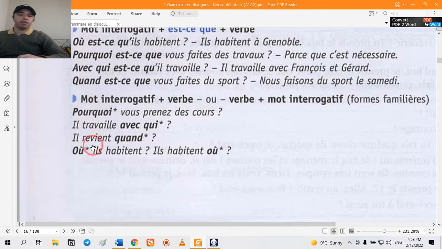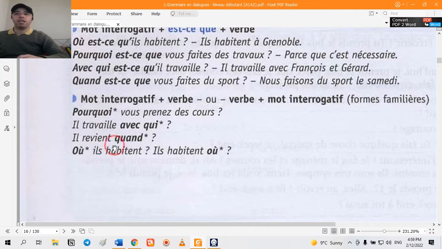Il revient quand? With intonation. Quand il revient. When does he return? Or with est-ce, quand est-ce qu'il revient?